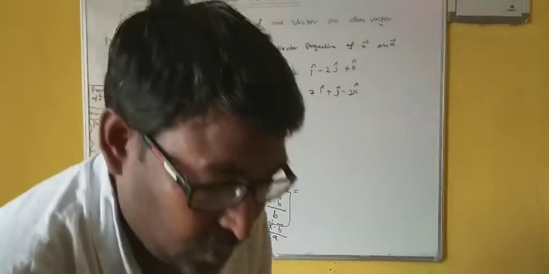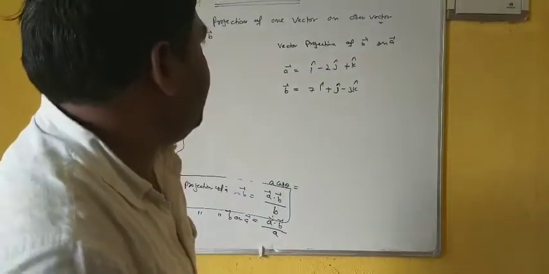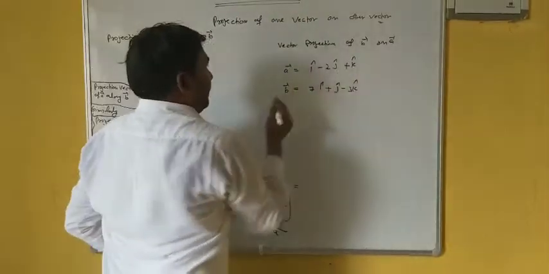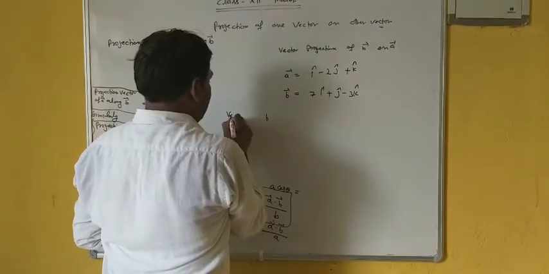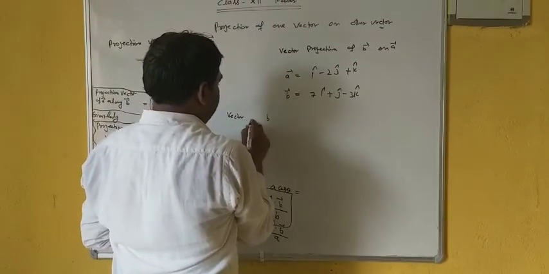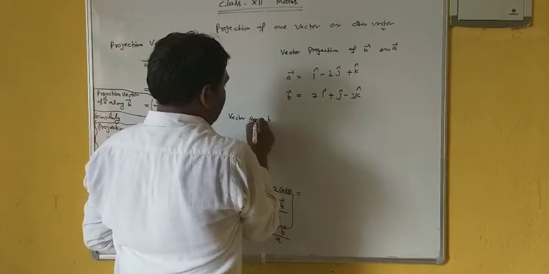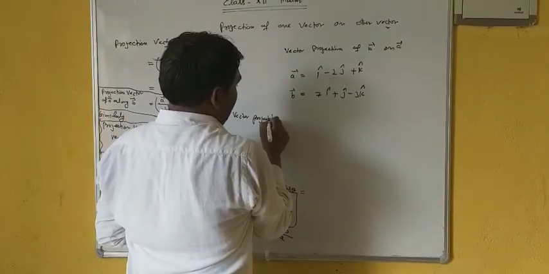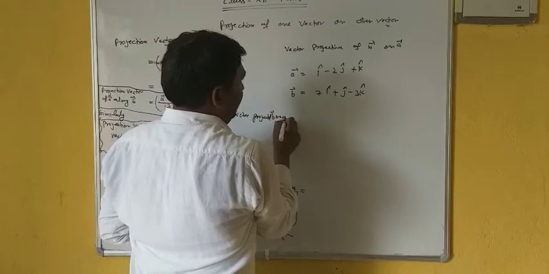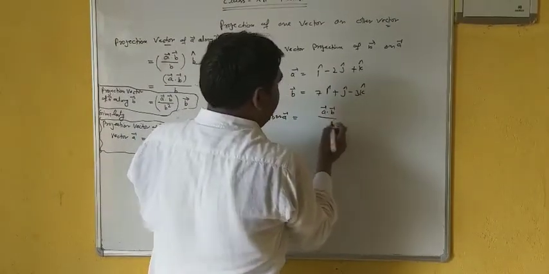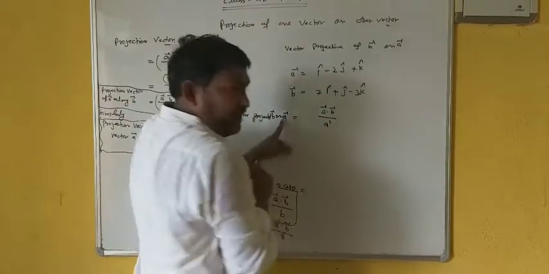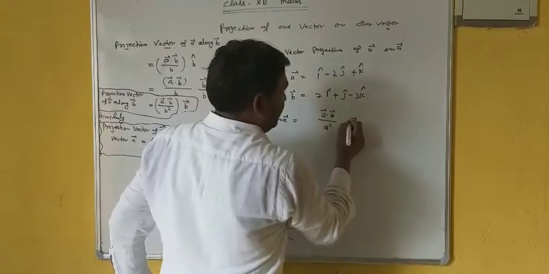See, vector projection of B on A will be vector A dot vector B divided by modulus of A square, and here vector A.